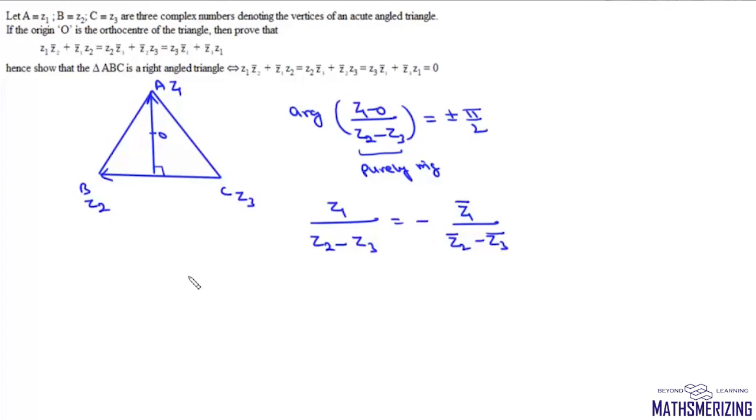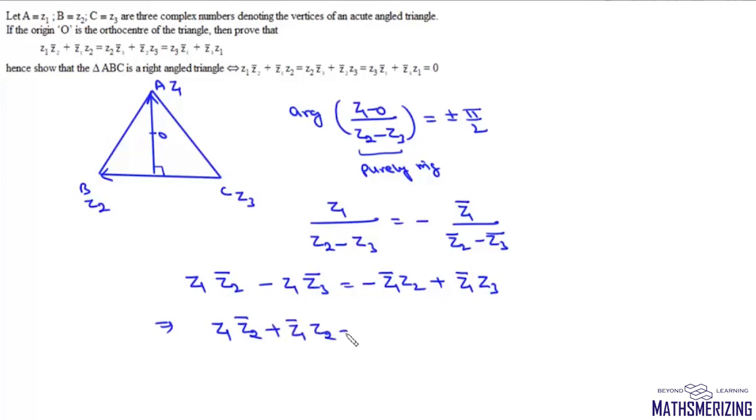Now we'll cross multiply, we can write Z1 Z2 bar minus Z1 Z3 bar is equal to minus Z1 bar Z2 plus Z1 bar Z3. Now if we rearrange, we can write this as Z1 Z2 bar plus Z1 bar Z2 must be equal to Z1 Z3 bar plus Z3 Z1 bar.